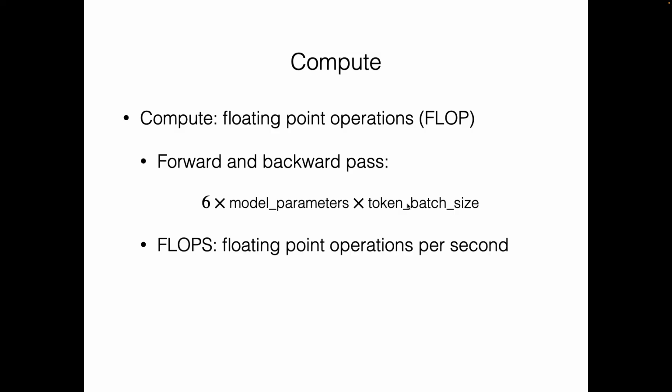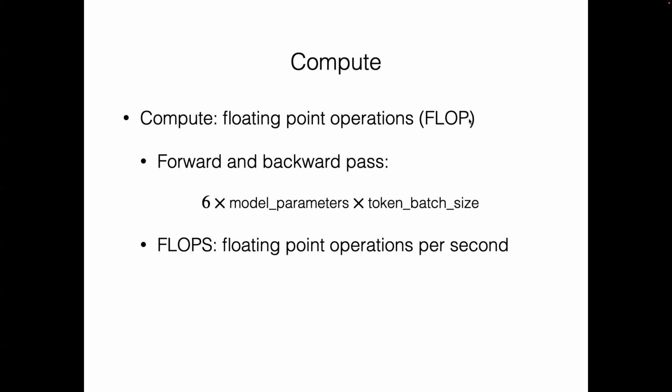Now, one confusing thing is that this term floating point operations ends in an s. But then we have another term which is FLOPS, and that's floating point operations per second. So if you measure some unit of time, say a second, then you could ask, on my GPU or on my device, how many operations actually get performed in this unit of time?